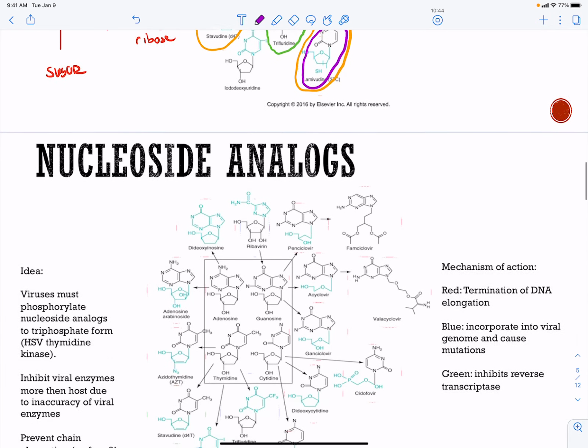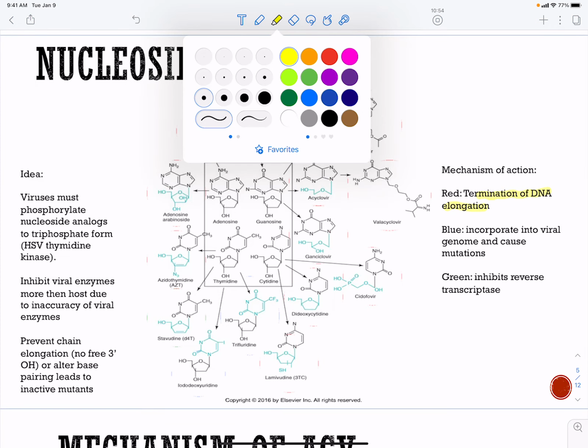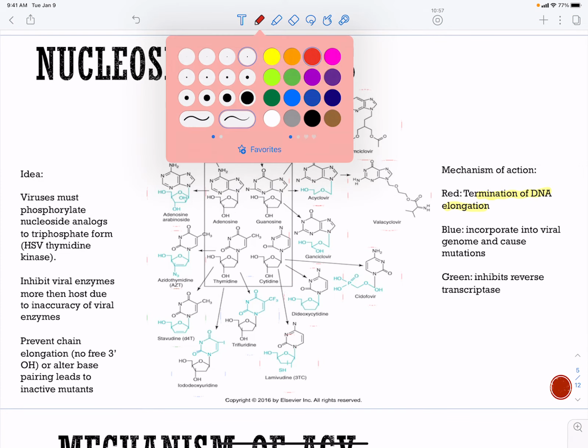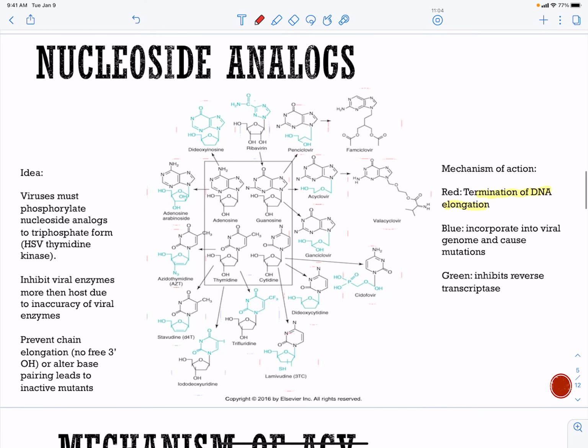Now we also have different mechanisms of action. You have where you can terminate the DNA elongation. And examples of nucleoside analogs that will terminate, there's actually quite a few of those. So let me just circle these really fast.